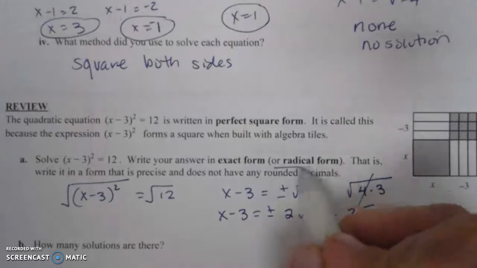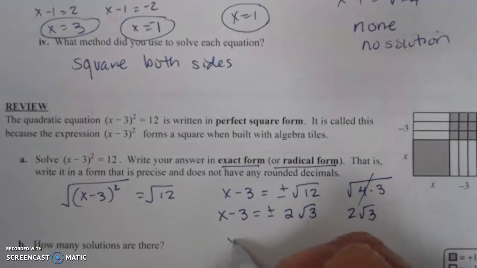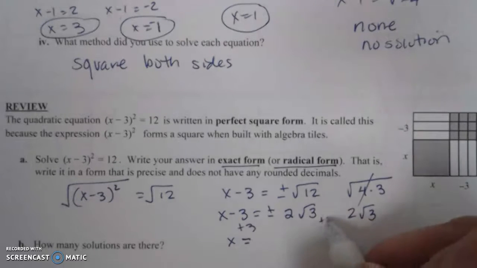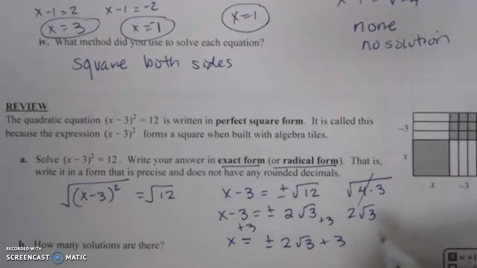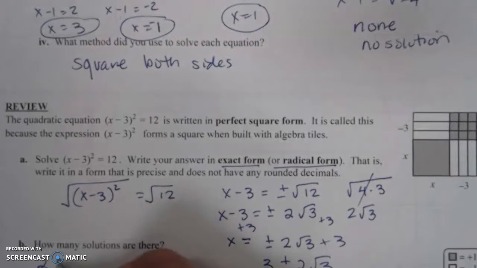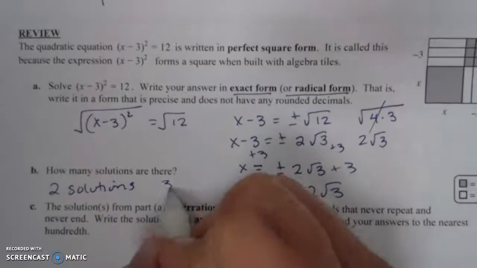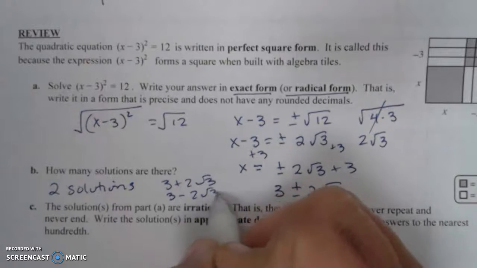I'm writing it in radical form, or the exact form. And I'm going to add 3 to both sides, and I'm going to get x equals plus or minus 2 radical 3 plus 3. Really the best way to write that is 3 plus or minus 2 radical 3. So I have 2 answers, 2 solutions. I have 3 plus 2 radical 3, and I have 3 minus 2 radical 3.